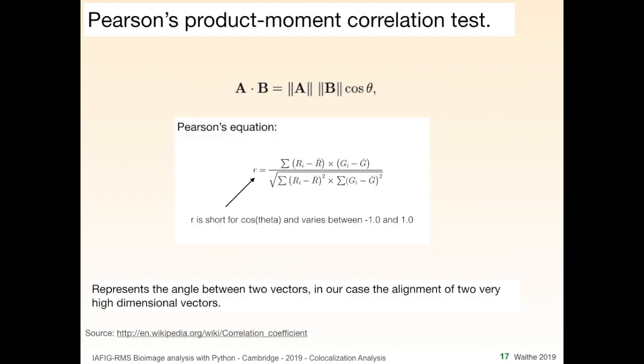It's the combination of the algebraic and geometric dot products. And when you rearrange it, you get this. R is actually corresponding to the cos theta, and it ranges between -1 and 1. And this is the measure of correlation, of colocalization. And I'll go into what the -1 and 1 mean, but it represents this angle between these 2 vectors.